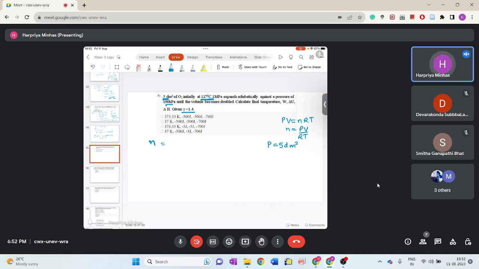What will be the unit if we convert this decimeter cube into meter cube? It will be 10 to the power minus 3 meter cube.